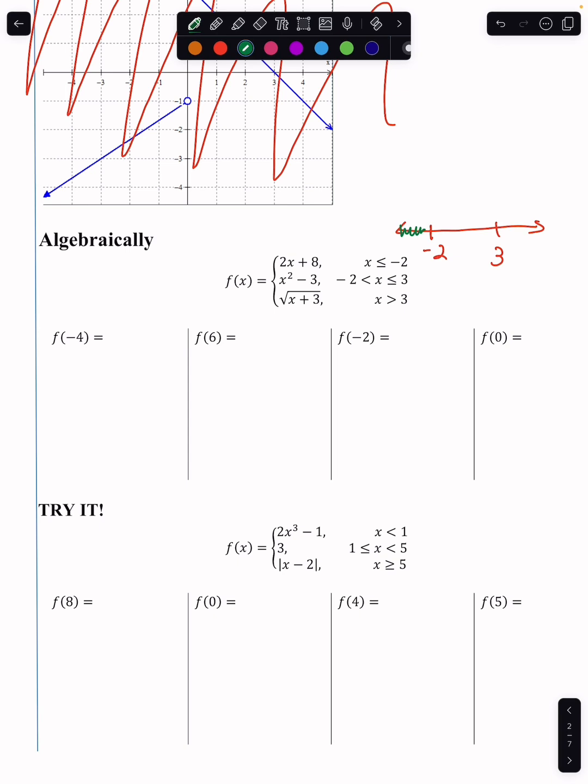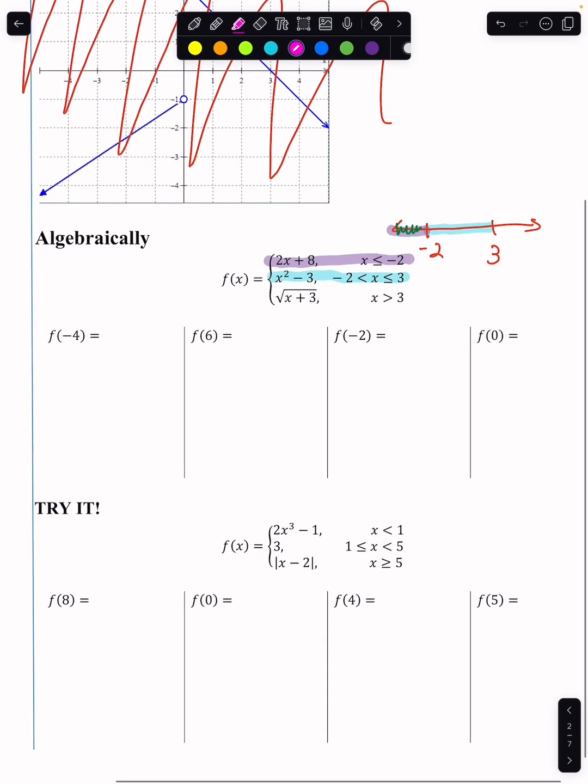Actually, I'll highlight that. If it's over here, that's the line that we use. If it's in between -2 and 3, we use this equation. And if it's bigger than 3, I'll just use this one. If it's in this area, we use that equation.